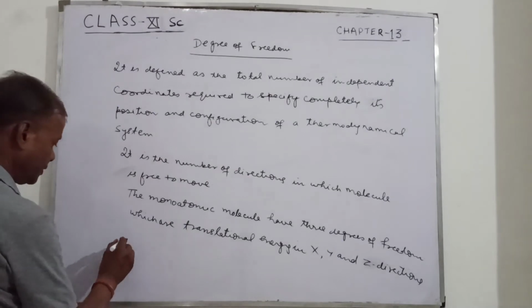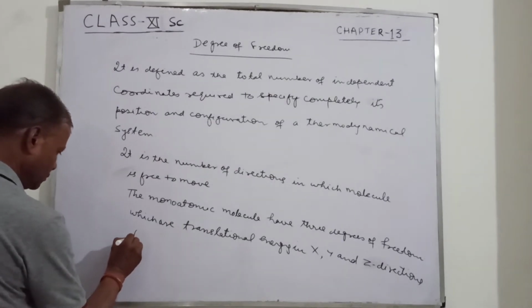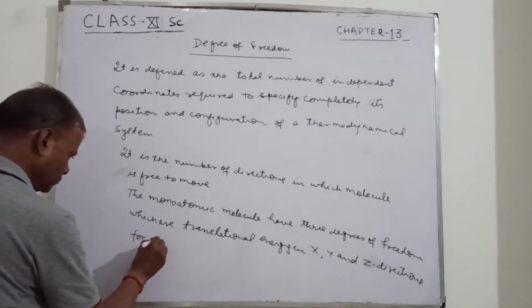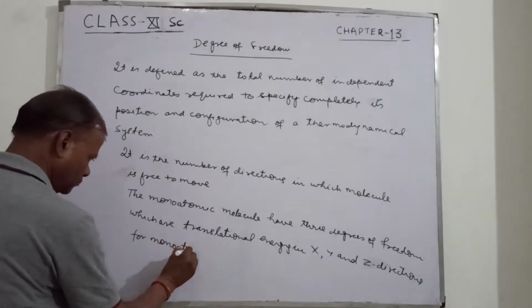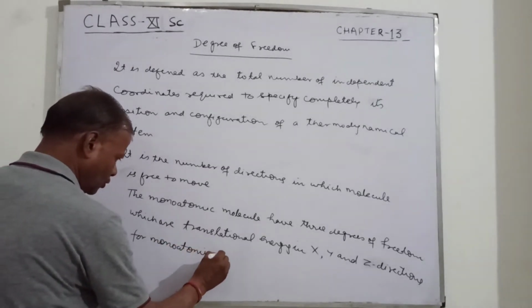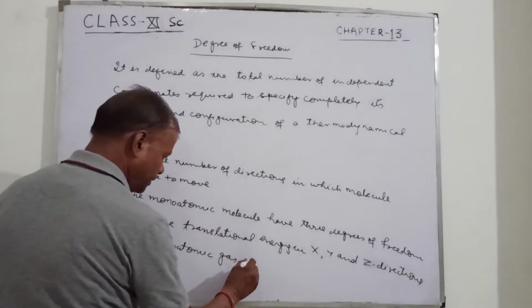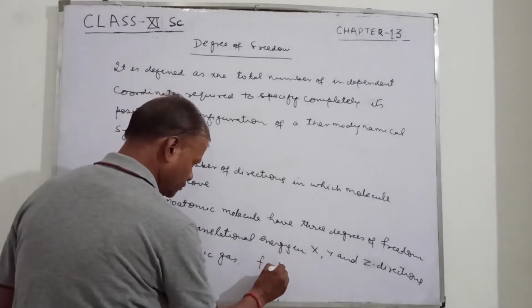So for monatomic gas, degrees of freedom F equal to 3.